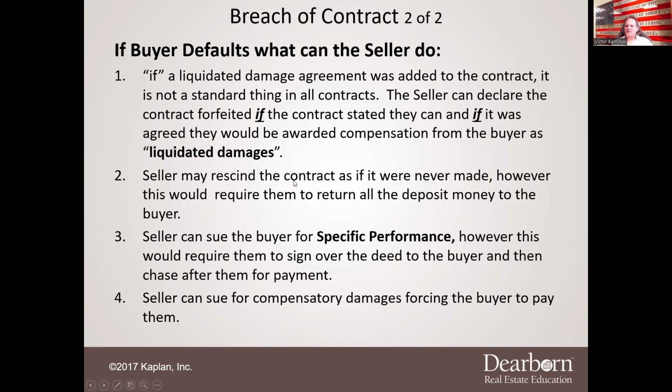The seller can rescind the contract as if it were never made. However, that would require them returning all the good faith deposit, all the deposit money, to the buyer. And the seller can sue the buyer for specific performance. Remember, I told you they could only do that if the buyer's a moron. What did I mean by that? Well, that would mean that the buyer has to say, I don't want to buy the property anymore.